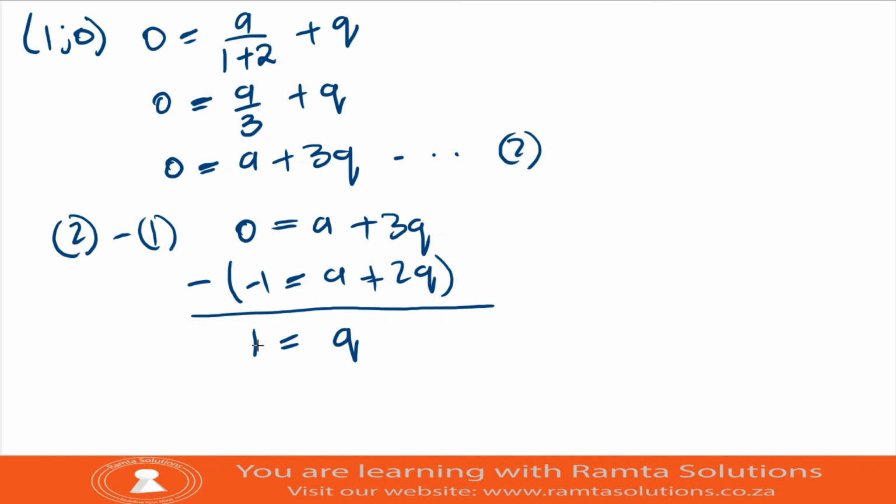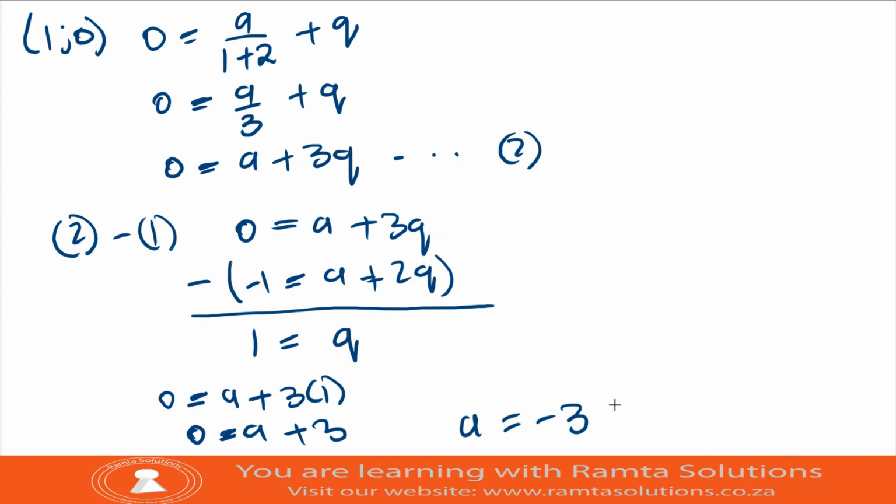Now, having said that q is 1, we can substitute this value into either equation 1 or 2. So we can say 0 equals a plus 3 into 1. This implies 0 equals a plus 3, which means a equals minus 3.